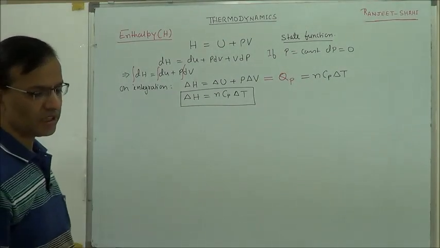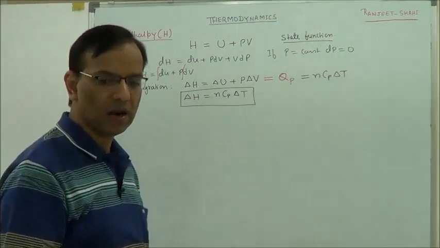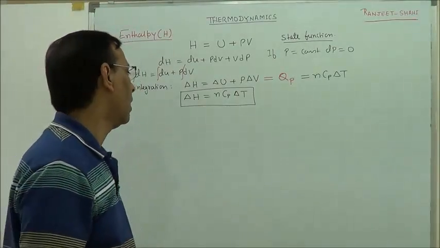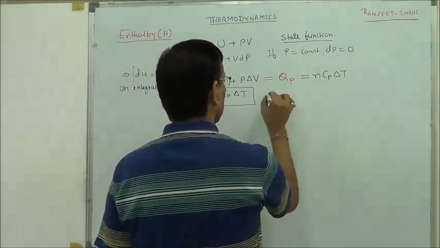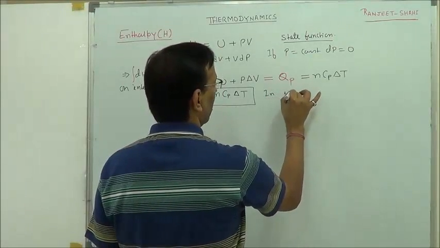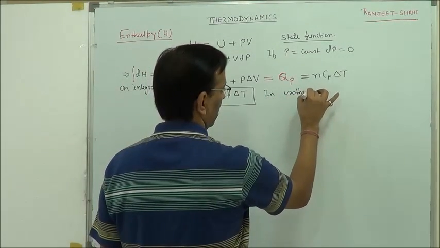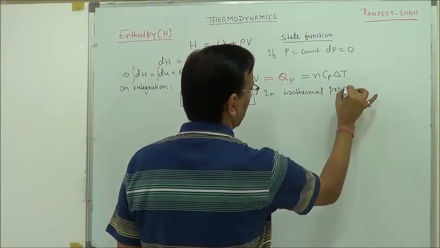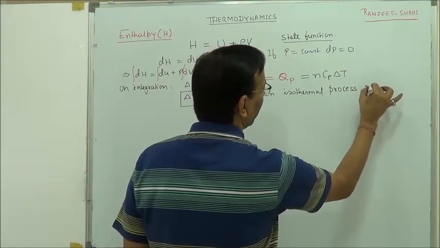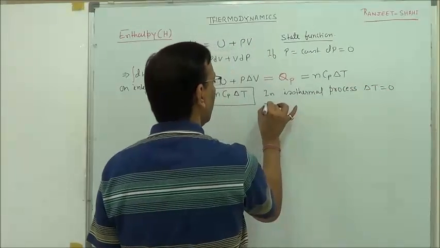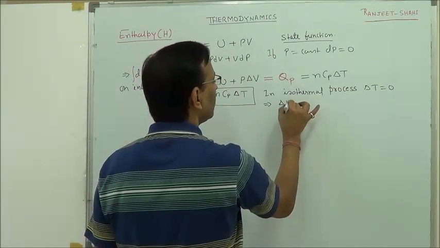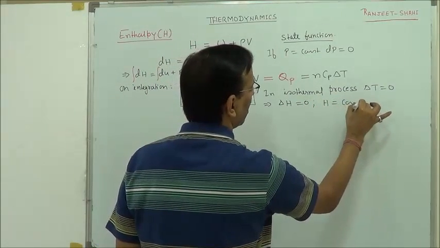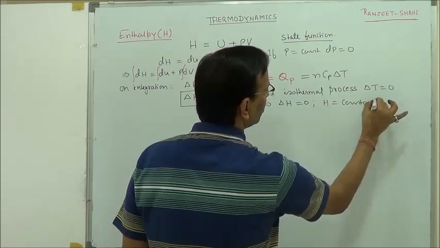So if the temperature change is known, enthalpy change can be known. In an isothermal process, delta T will be 0, which implies delta H will be 0, that is H is constant.